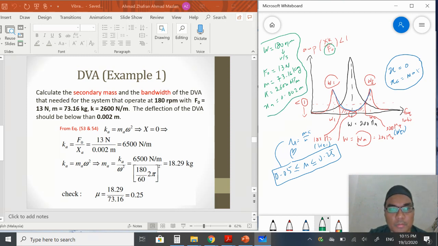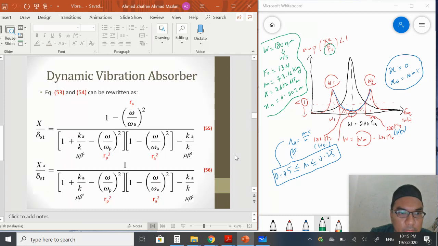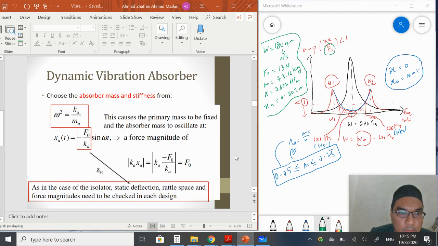So how can you calculate? Based on the previous equation, here you have XA, 0.002, and F naught is given.